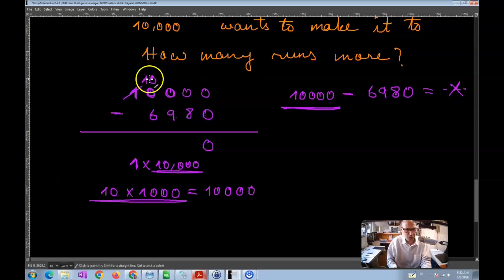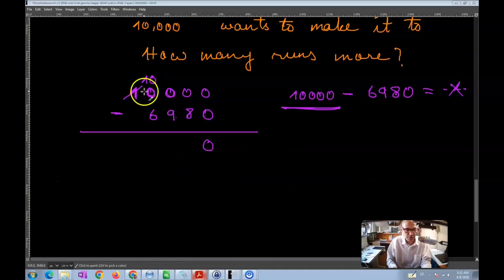But still I need to keep bringing these groups over to the right so that eventually I have some groups over here so that I can do the subtraction. Then I will again have to break these 10 groups of 1000. So I will break it into one group of 1000 plus 9 groups of 1000.